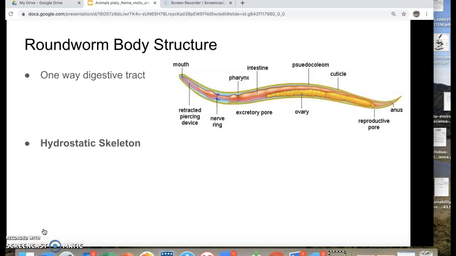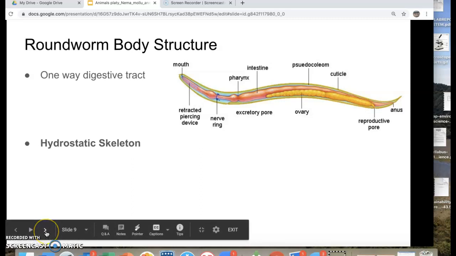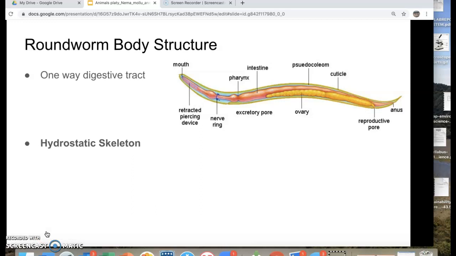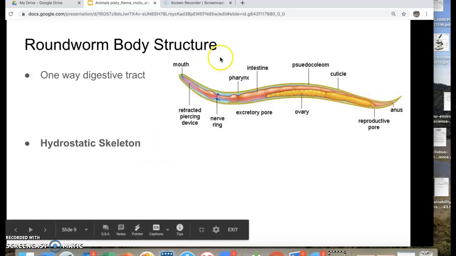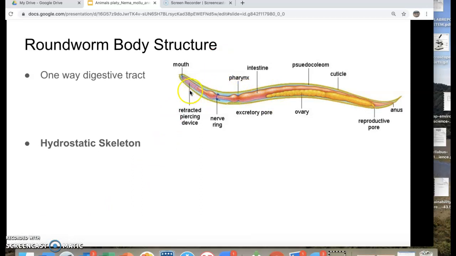So roundworms have a hydrostatic skeleton, and that means that they are really cool. They are able to use water to create pressure in between their skeleton and their ectoderm, like a water balloon, when you fill it, it puts pressure on the walls.